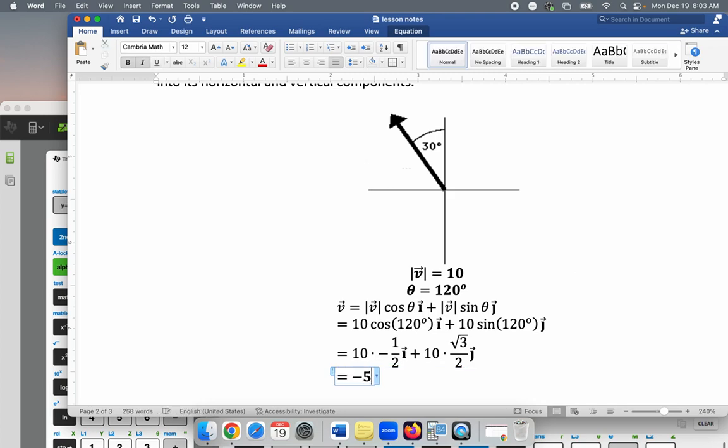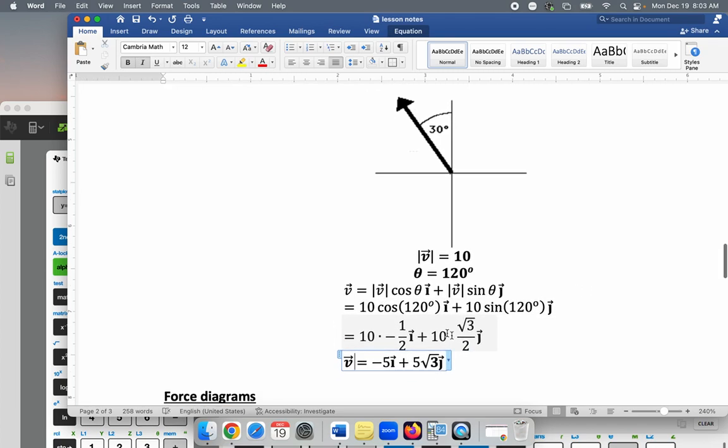So that's negative 5 i plus 5 root 3 j. And that is our vector v, written in terms of its horizontal and vertical components.